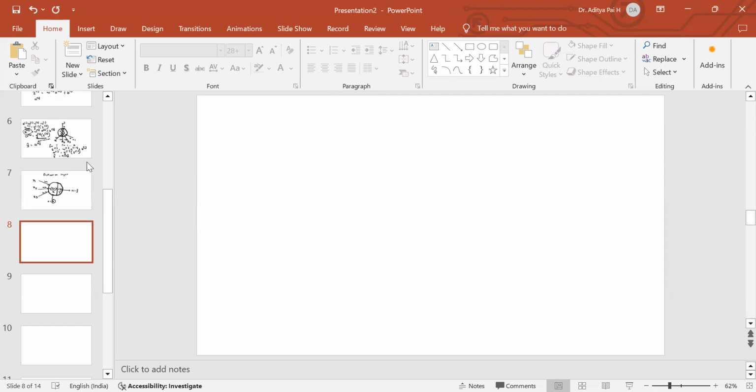If there are multiple such layers, these activation functions are usually applied to each of them. For example, for the first layer, for the input X, the output that is generated is Z1, which is W1 into X plus B1.